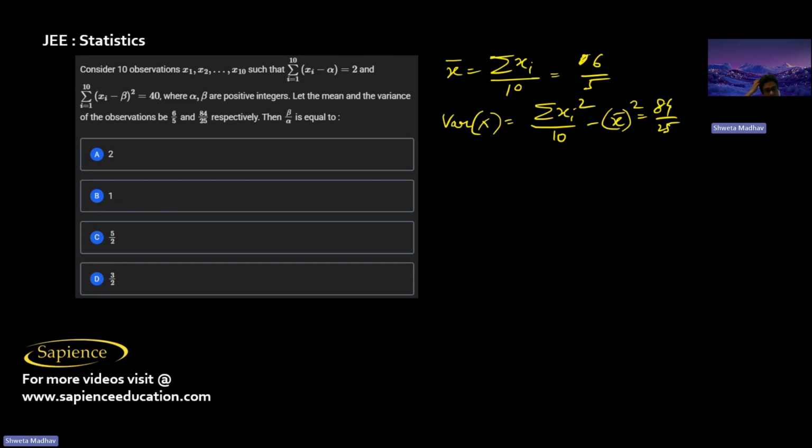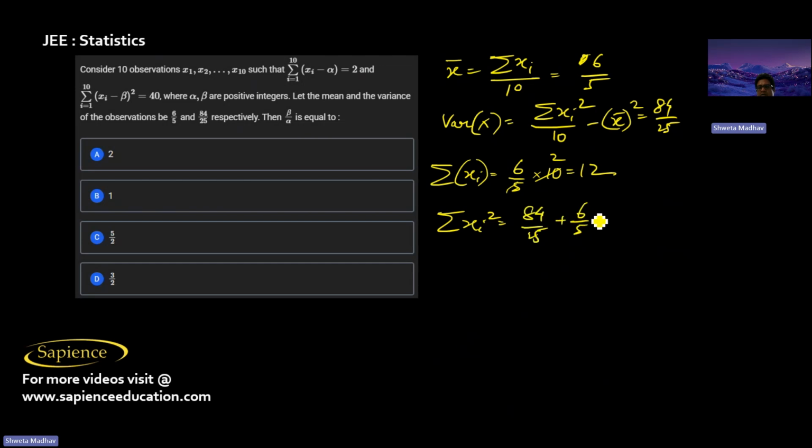And beta by alpha you have to find out. That means summation xi will be equal to 6 by 5 into 10, that is 12. Summation xi square will be equal to 84 by 25 plus 6 by 5 whole square, into 10.